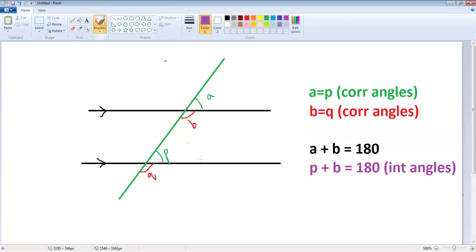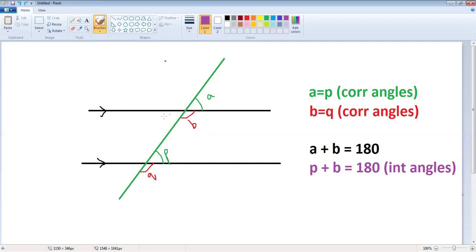When two angles between parallel lines are formed, their sum is equal to 180. And the property that we call it is interior angles. Is this clear? Yes, sir. Because A is equal to P, in place of A I write P, and that is how I get this answer. Is this clear now?